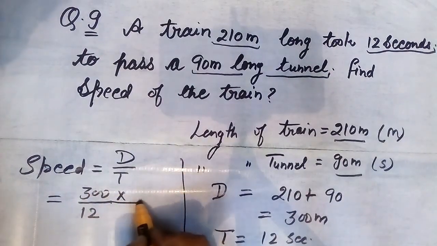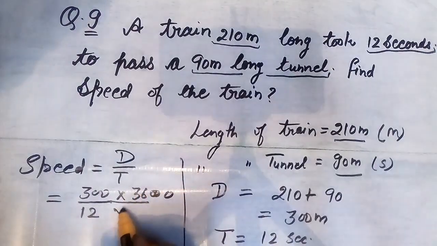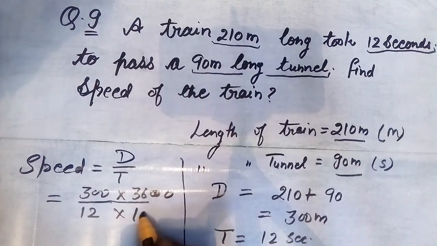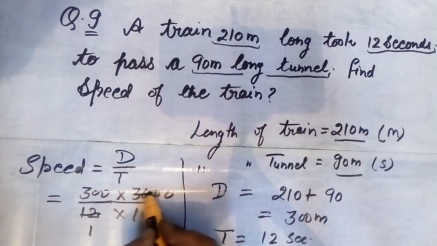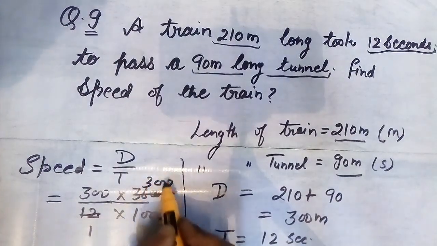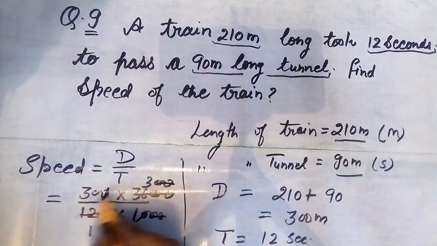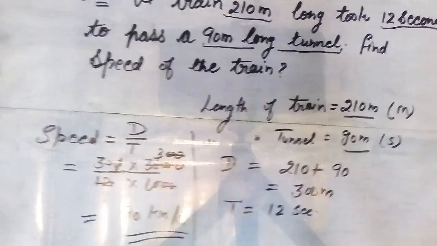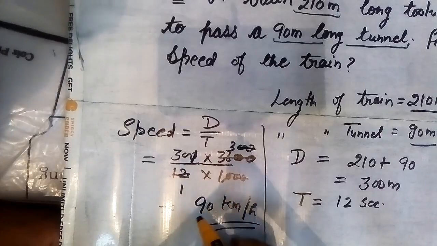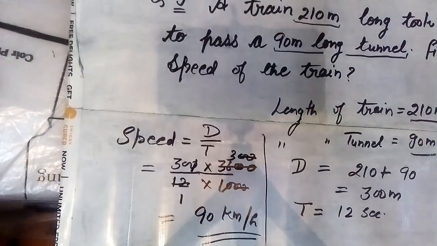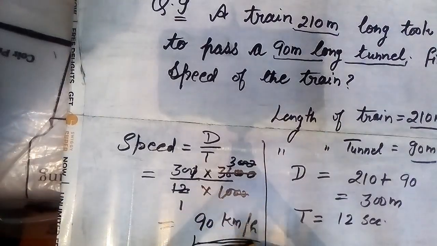So multiply numerator by 3600, means do the reverse of previous procedure, and 12 will be multiplied by 1000. So 12 1 12, 12 3 36, and 2 zeros will be cancelled with 2 zeros, 1 zero will be cancelled with 1 zero, and we know there 33 will be equal to 90 km per hour, which is the required speed of the train.